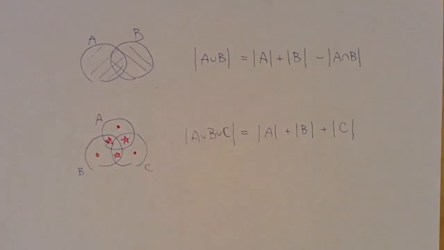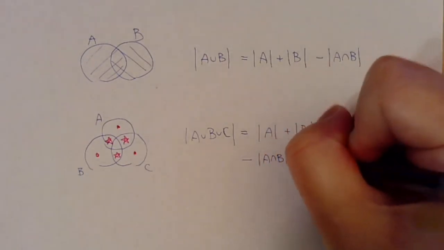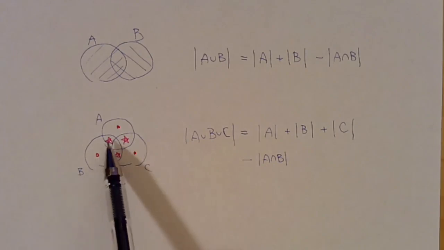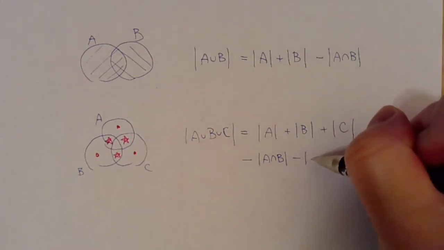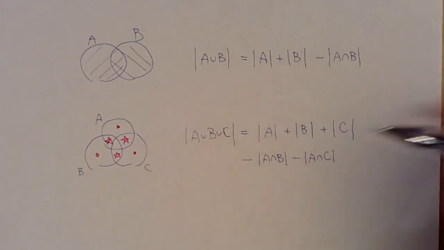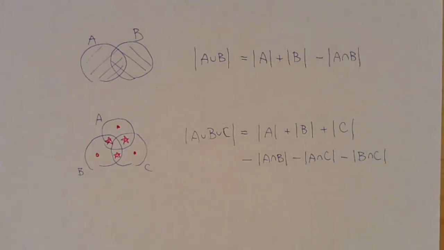So we want to subtract the intersections. So let's subtract the size of the intersection of A and B, so then we get rid of that starred region, and then also subtract the intersection of A and C, and also the size of the intersection of B and C. So we subtract out those three stars.